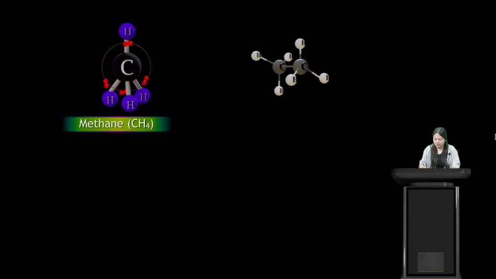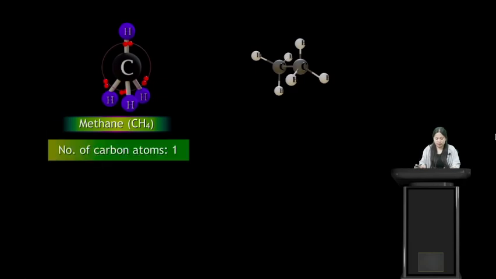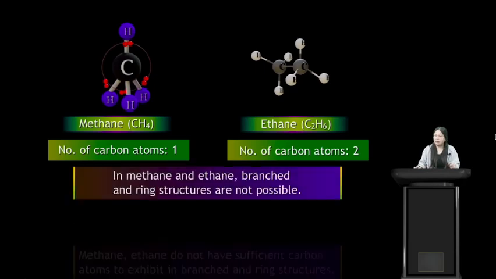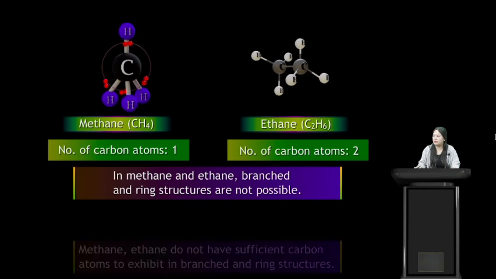Methane has 1 carbon atom. Ethane has 2 carbon atoms. Remember this: in methane and ethane, branched and ring structures are not possible.